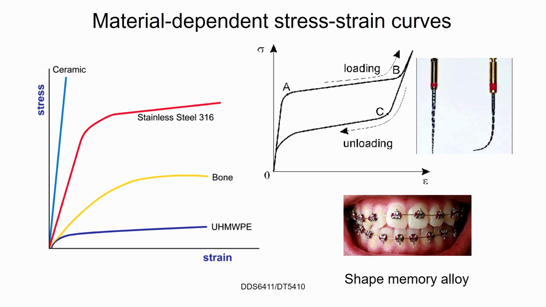The bigger that area, the more energy will be consumed by the deformation process, which can be useful if you want something that could really absorb an impact. Then you will like something with a big area in between. But if you don't want to spend too much work loading and unloading, then you want a small area in between.